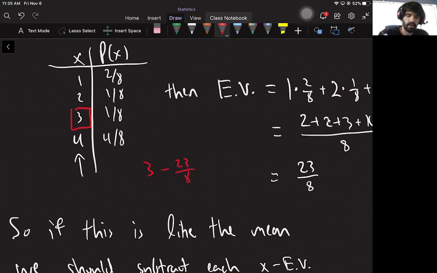And my 1 would be subtracted 2/8 of the time. So how can I incorporate that? Well, I can just multiply that difference, that distance, by the ratio that it shows up. So that's what we're going to do here.